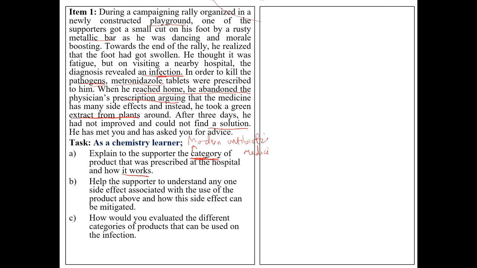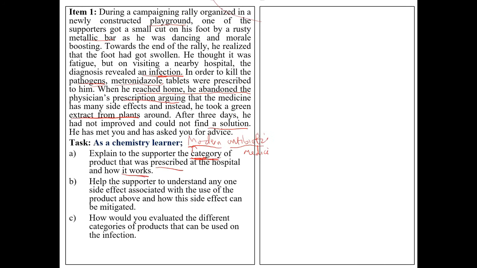But here they are saying the category of product that was prescribed at the hospital. So that is modern. So they wanted us also to mention modern. According to the function, it is antibiotic, which helps in killing the multiplication of the pathogens. So that one becomes antibiotic, and then we can explain how it works.